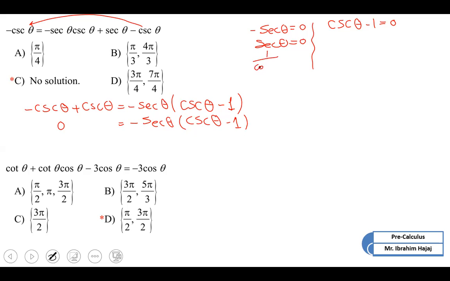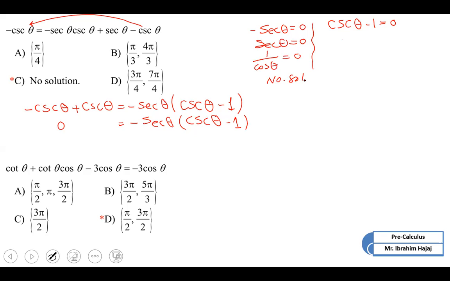Secant is 1 over cosine equal to 0. When we flip, cosine theta is equal to 1 over 0, which is undefined. Cosine is a continuous and differentiable function, so it is defined everywhere, so this is not correct and there is no solution.